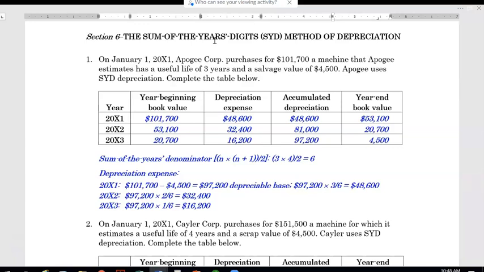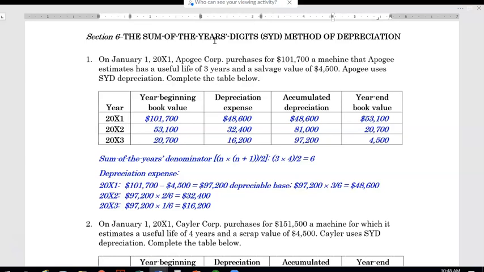So on January 1st of 2011, a company purchased a machine for 101,700 that the company estimates has a useful life of 3 years and a salvage value of 4,500. The company used the sum of the years digit depreciation.